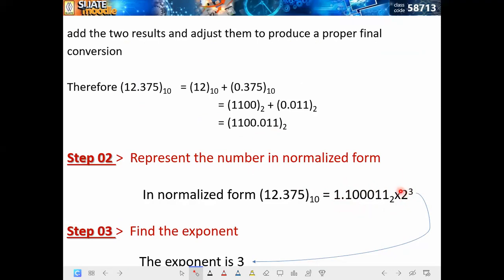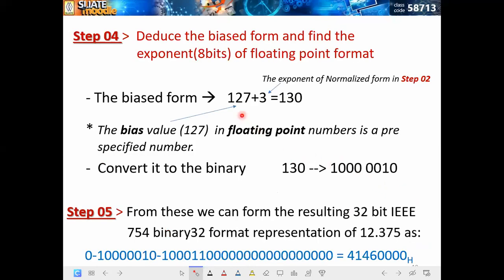Normalized විදියට represent කරාම ආපු exponent එක 3, ඒක අරගෙන 127 කියලා pre-specified number එකක් තියෙන එකට එකතු කරා, ඒකට එන value එකේ binary value එක ගත්තා. එහෙනම් ඒකේ තමයි exponent එක. Now we can write it here, 8 bits are there.